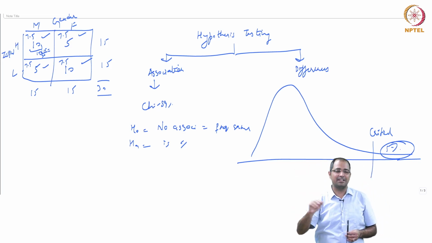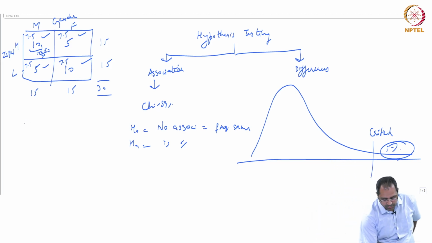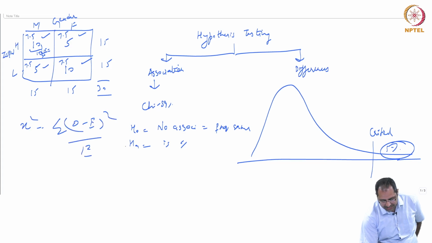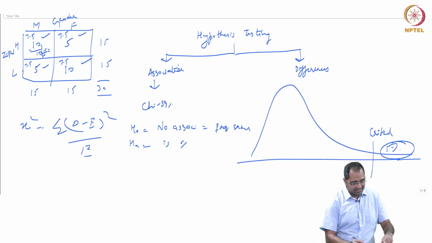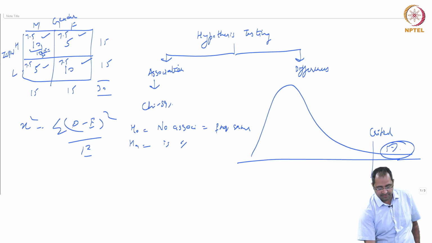We will come to that. We calculate chi-square as the summation of observed minus expected, squared, divided by expected. Doing this for each cell, we get 3.33.